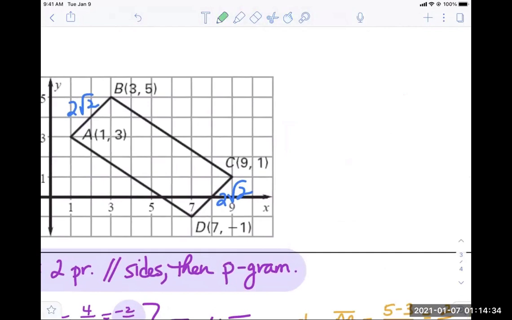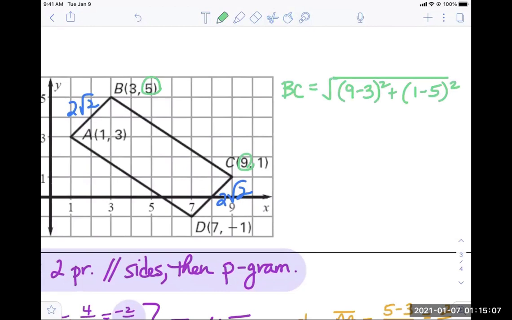Okay, the next one says segment BC is the distance we're looking for. So we've got change in x is 9 minus 3 quantity squared, plus change in y is 1 minus 5. Now remember that when you're doing distance formula, if you start with 9 for the subtraction, you actually don't have to start with 1 for the y's. You can start with the other one, because when you square those values, it'll take care of the negative sign. With slope, the order matters.